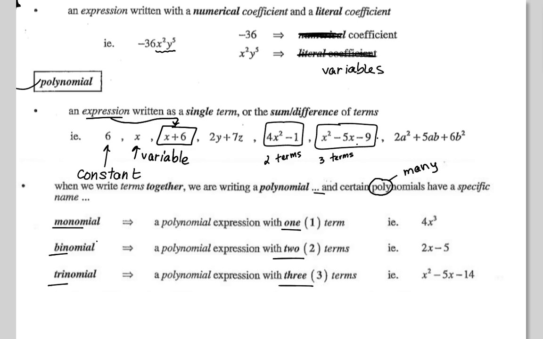And then after that, we just call them polynomials. So 4 terms, that's a polynomial. 5 terms, polynomial. Just like you have pentagon, hexagon, octagon, those are all polygons. Poly meaning many. Well, these are all nomials. 1 nomial, 2 nomial, 3 nomial. This just sounds weird, so they call it mono, bi, and tri.